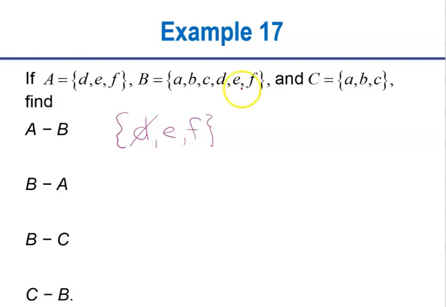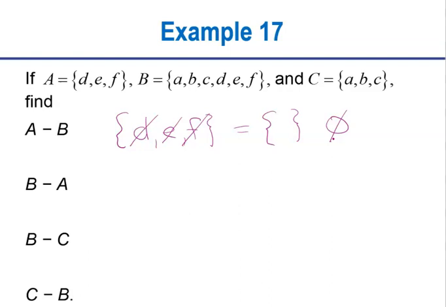Is E in B? You bet. Is F in B? Sure enough. What does that leave us? Nada, right? The empty set. Again, you don't have to write both.